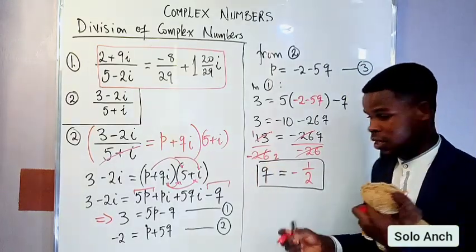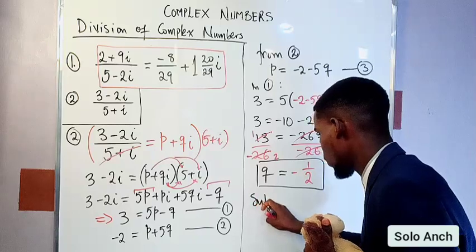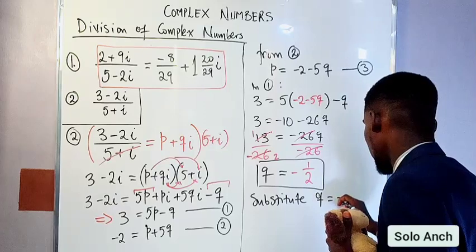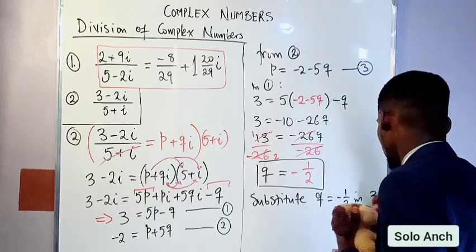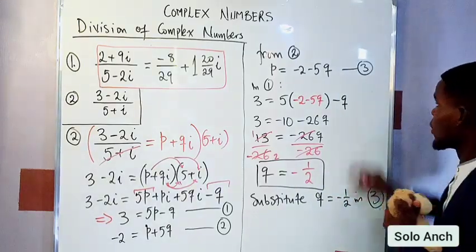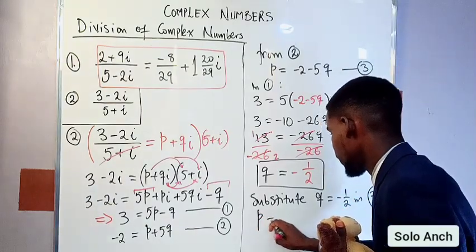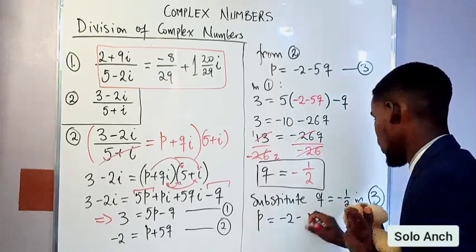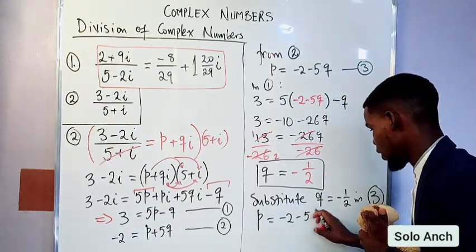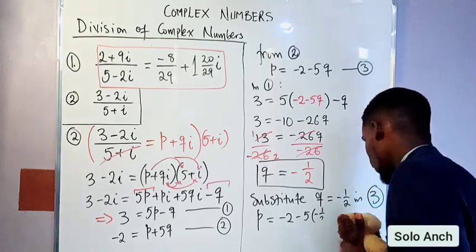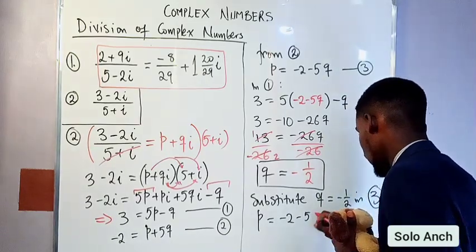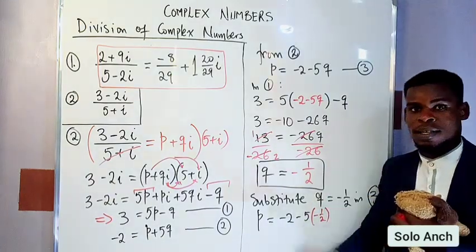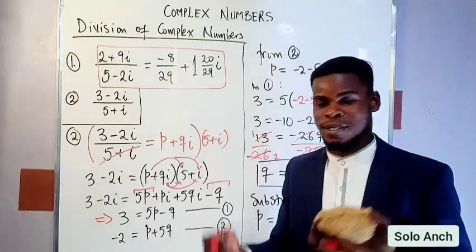We need to solve for p. So we substitute what q is into equation 3. So we have q to be negative 1/2 in equation 3. When we put in that, we're going to have p to be negative 2 minus 5q, but q on its own is negative 1/2. So in place of q here, we're going to put in negative 1/2. Negative 5 times negative 1 over 2 is positive 5 over 2, right?